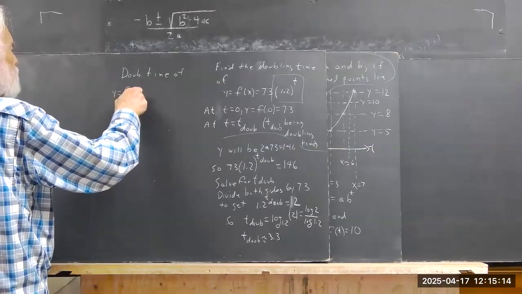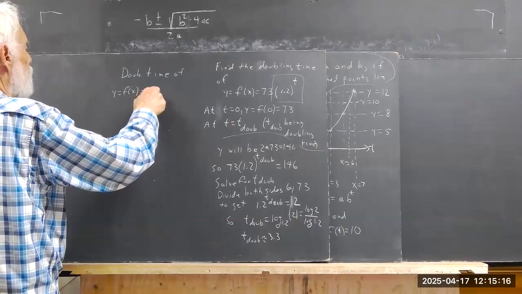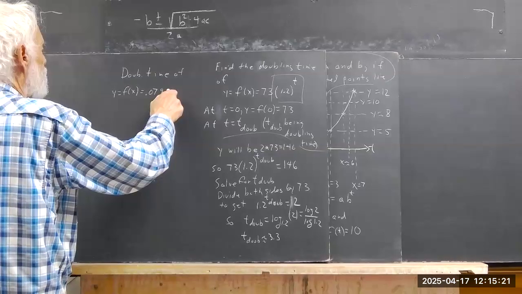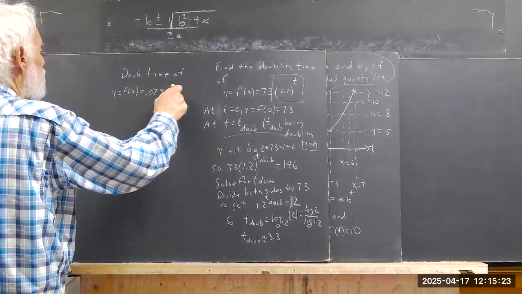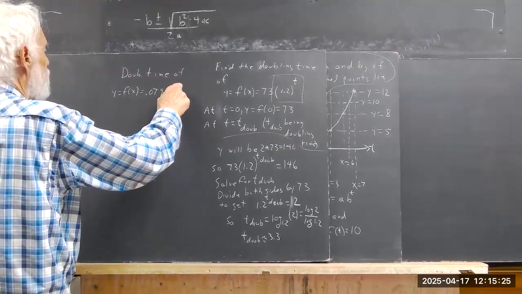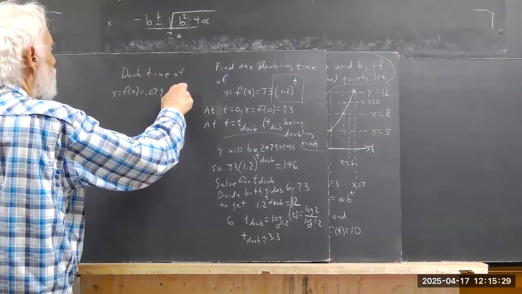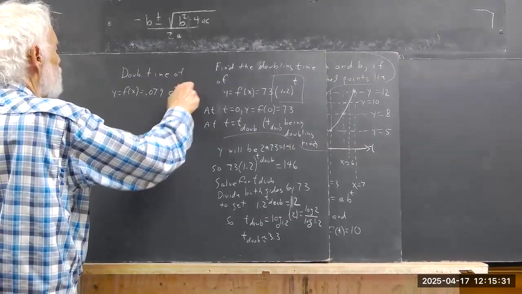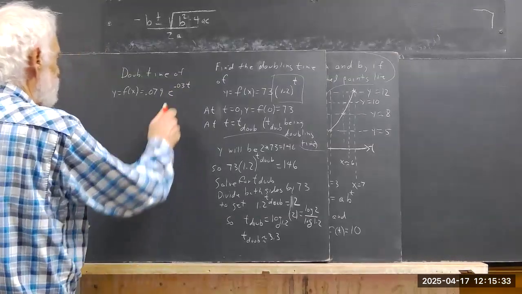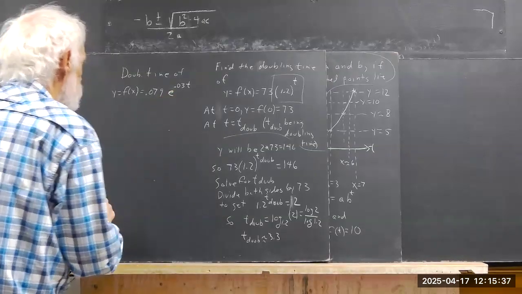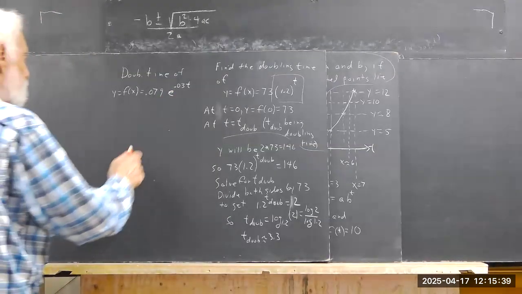y equals f of x equals 0.079 e to the 0.03 t. Make sure we see that's e here.